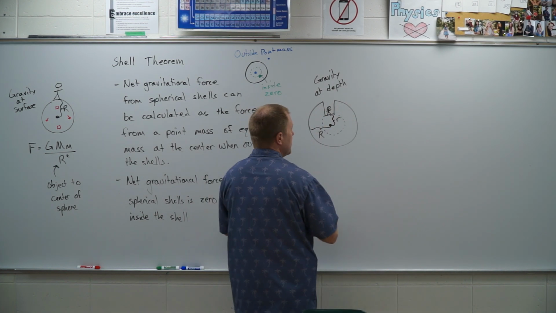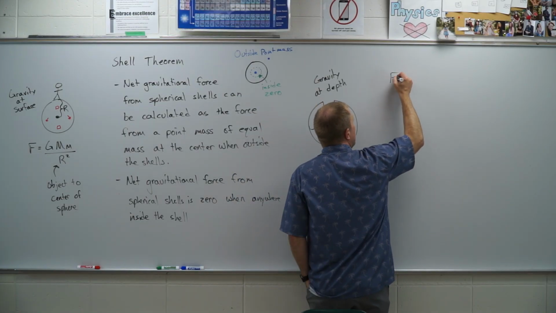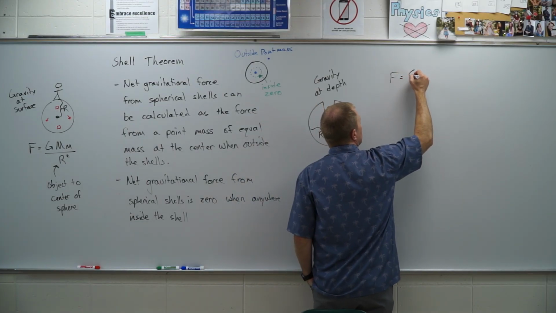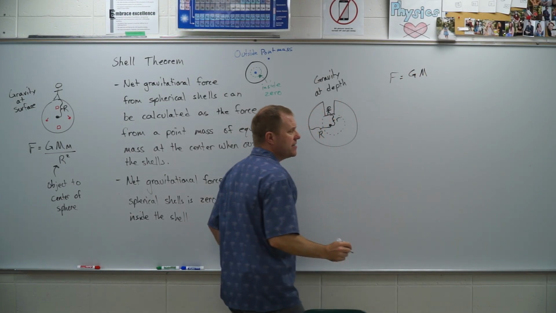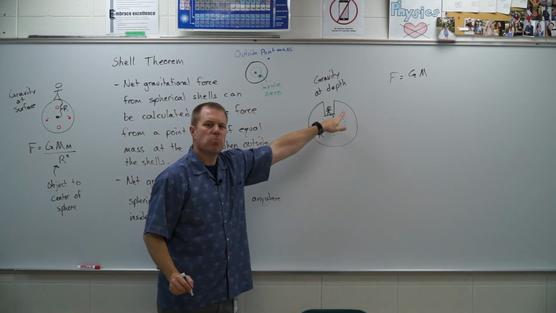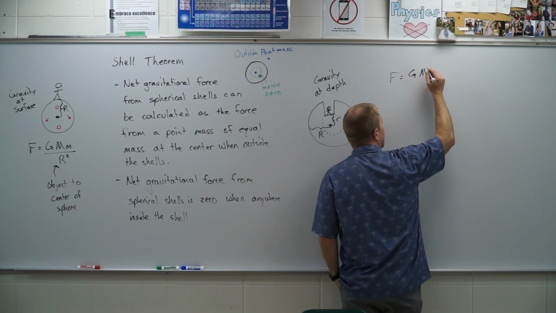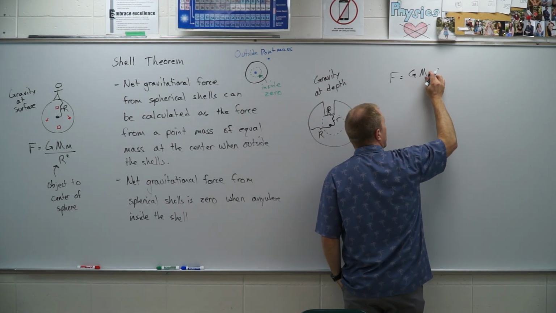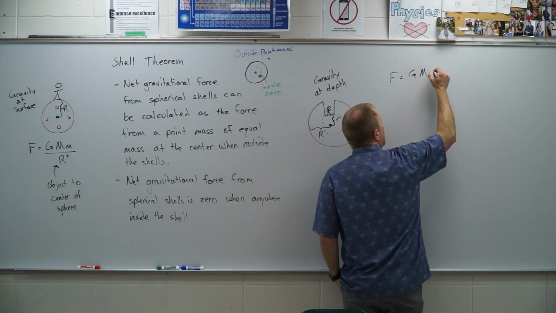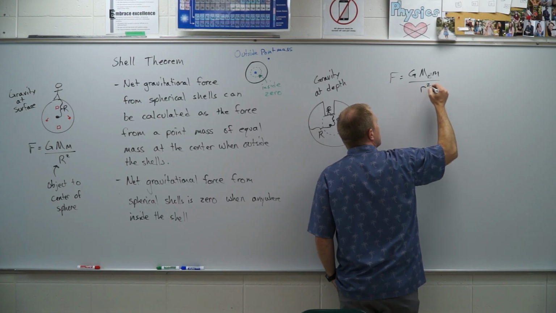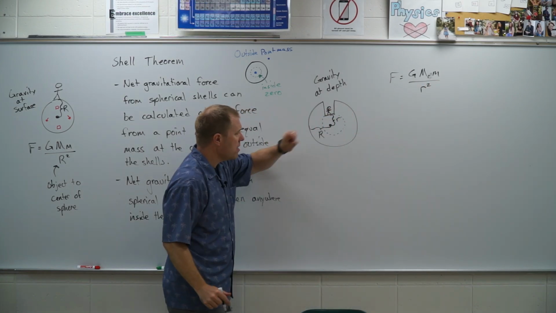And so if I want to calculate my force of gravity here, the force of gravity is equal to big G times the mass. Now this is the mass of this small sphere below me that I'm outside of, so I'm going to call that little m r, times my mass divided by the distance between us squared, little r squared.